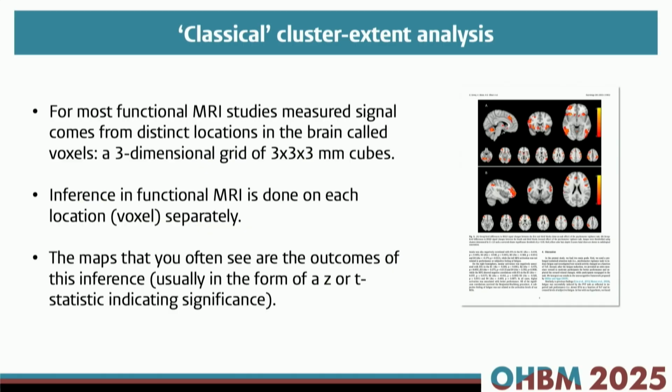And this is usually what you see in the outcomes of these analyses: clusters of activation, basically a conglomerate of Z values or T values or F values, whatever test statistic you like or that you calculated.